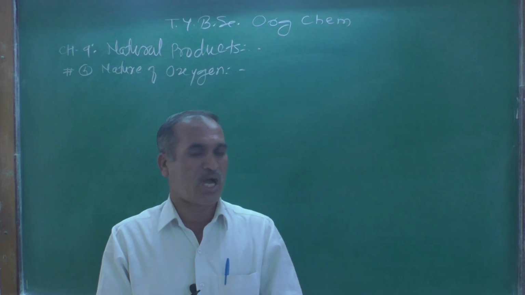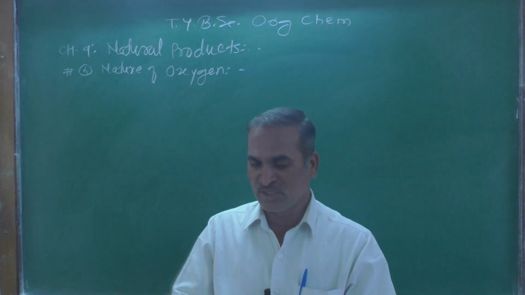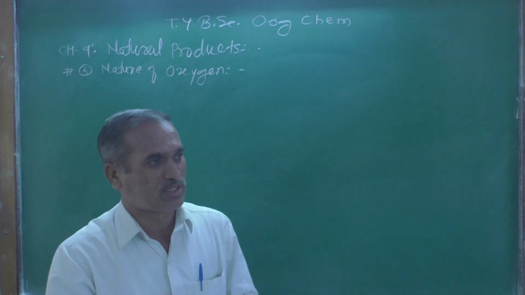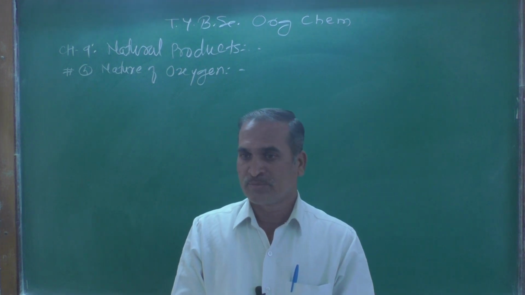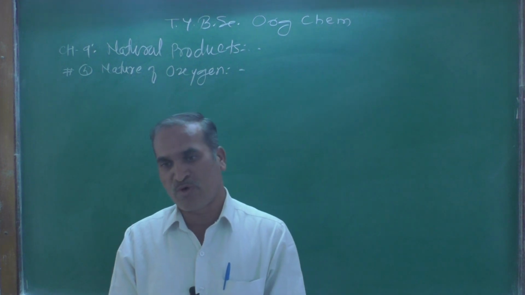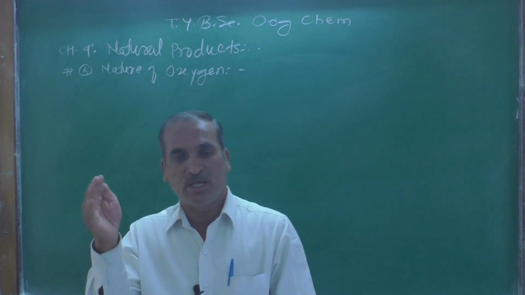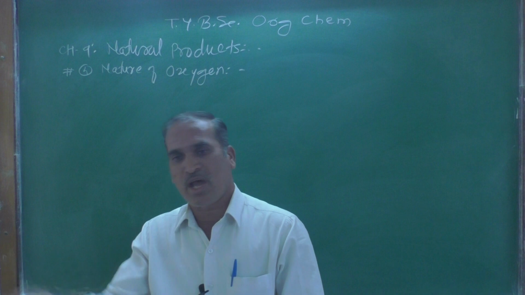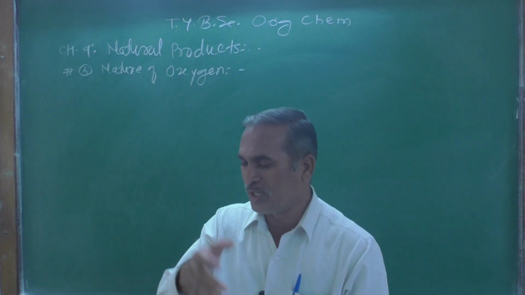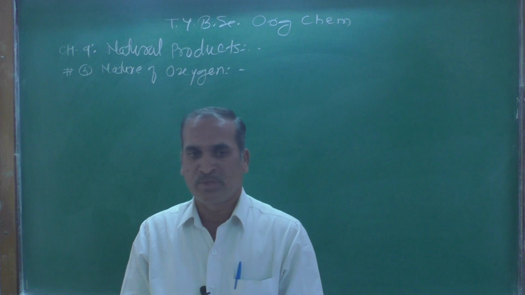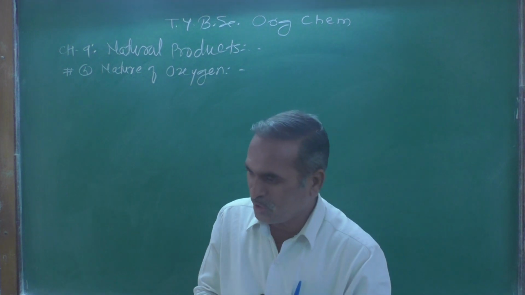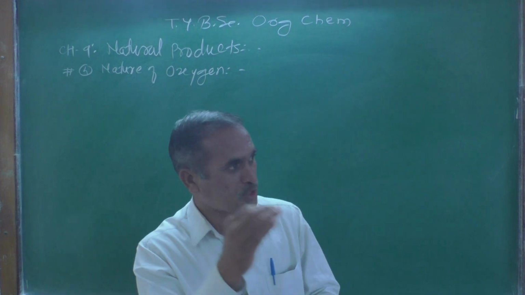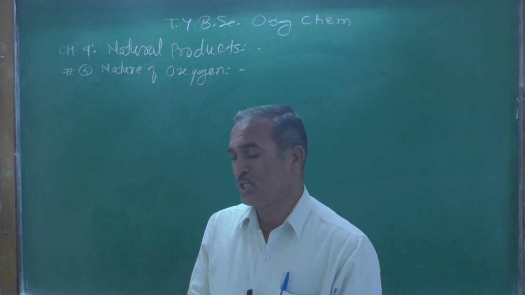Up till now we have discussed in detail, now the nature of oxygen. As we know, if an oxygen atom is involved in the molecular formula, it is associated with different functional groups such as hydroxyl group or alcoholic OH group, carbonyl group, maybe aldehydic or ketonic, then carboxylic group, oxo group, then acetyl group.